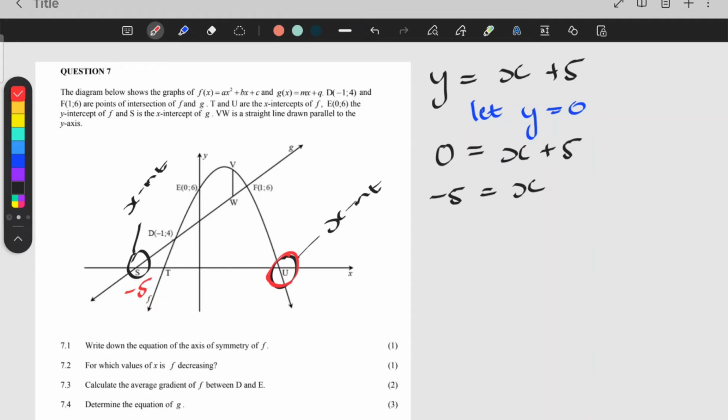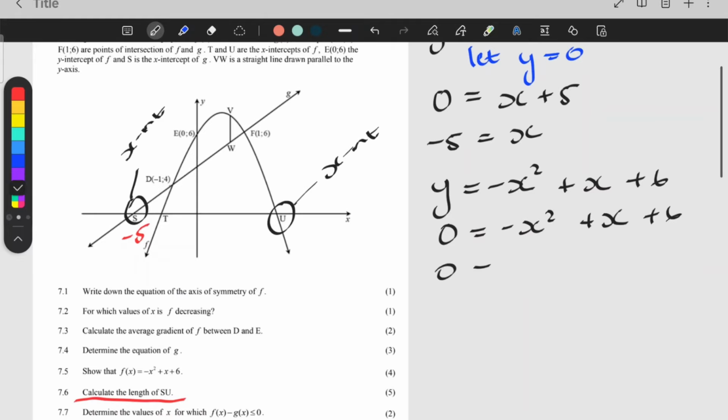Then for u is the x-intercept of the parabola. So I write the parabola down. And I let y be 0. Okay. You can use the quadratic formula or you can change the signs and factorize.